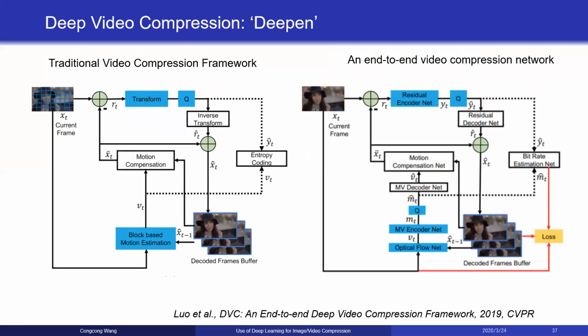One group of end-to-end work is to make a deepened version of the traditional video coding. As shown in the block on the right, every block of the traditional method is replaced with some kind of neural network. This work is trained end-to-end to jointly optimize all the components.